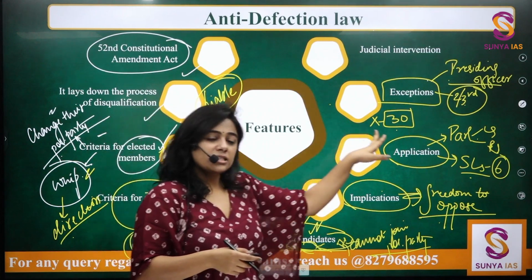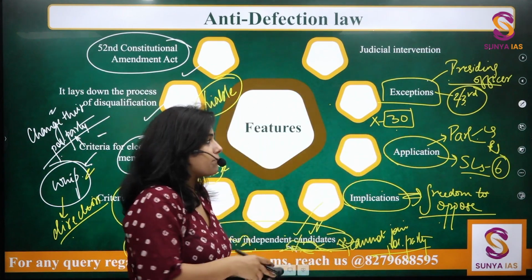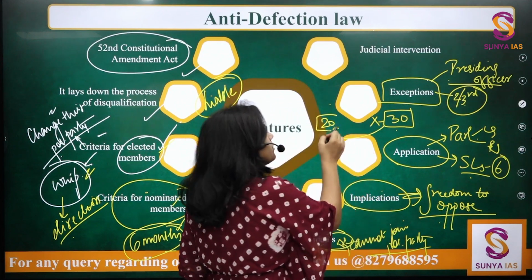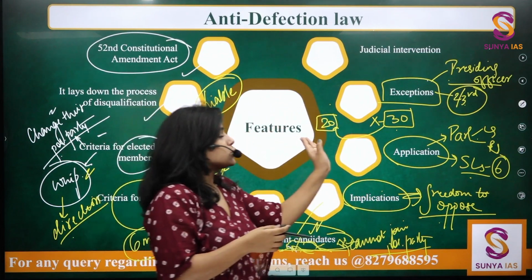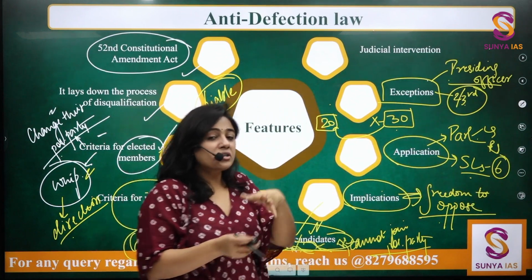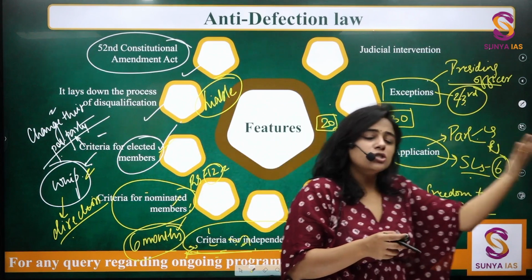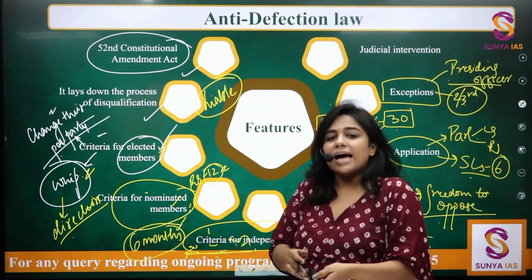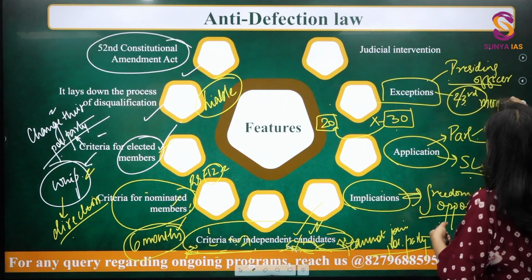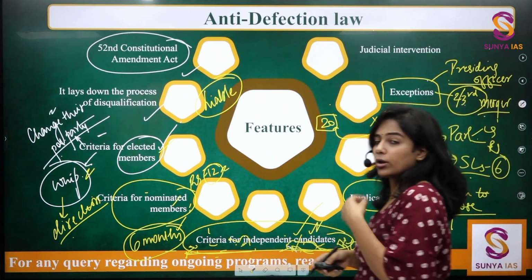So if out of these 30, 20 members decide to actually merge with another party, not split, not create a new party, but merge with another party, that is allowed.